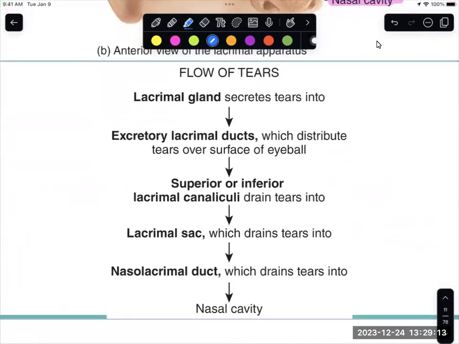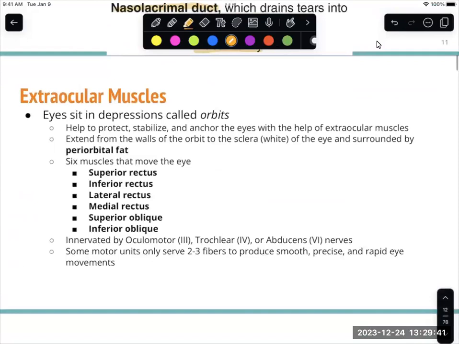So, as I went through in the picture, the lacrimal gland will secrete tears into the lacrimal ducts, which will, as you blink, get distributed over that eyeball, which will go through that inferior, superior lacrimal canaliculi into the lacrimal sac through the nasolacrimal duct into the nasal cavity. That is the flow of tears and how it happens.